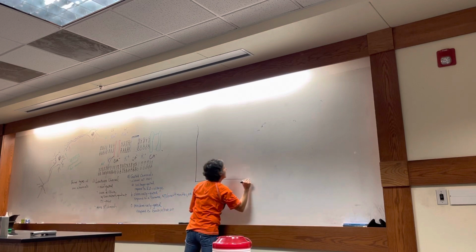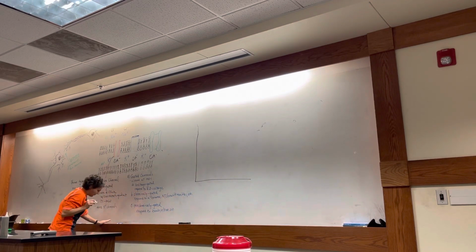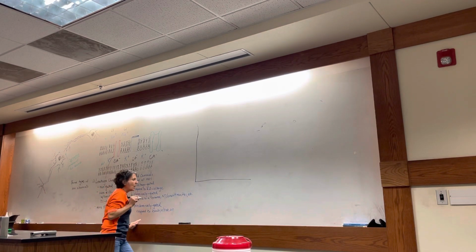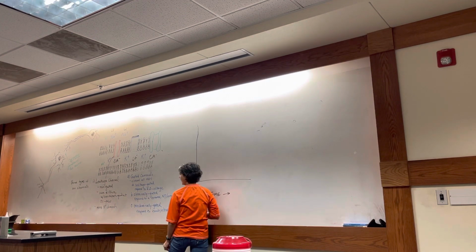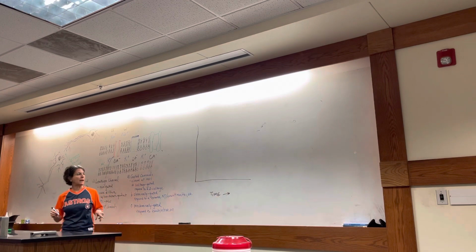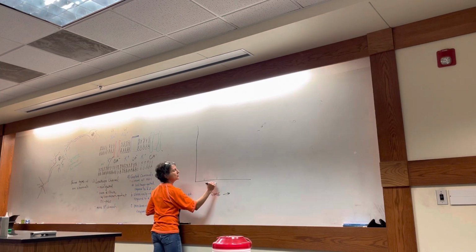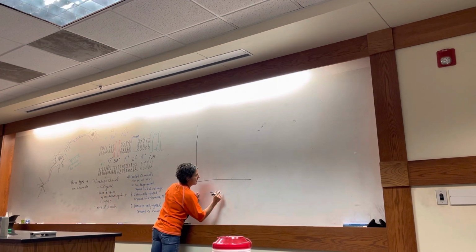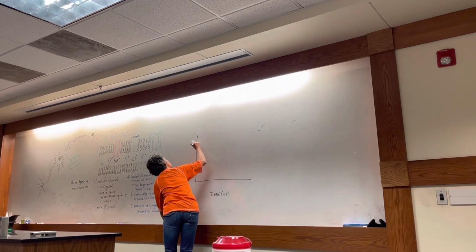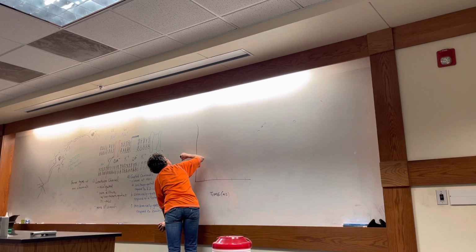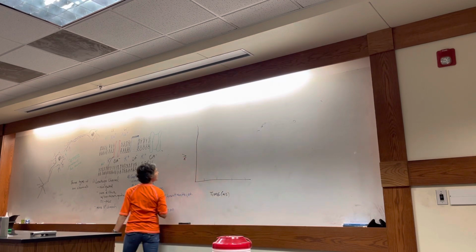This is our graph for an action potential. On the x-axis, we have time, really just in milliseconds, maybe 1, 2, 3, 4 milliseconds. On the y-axis, we have our voltage, so our millivolts.